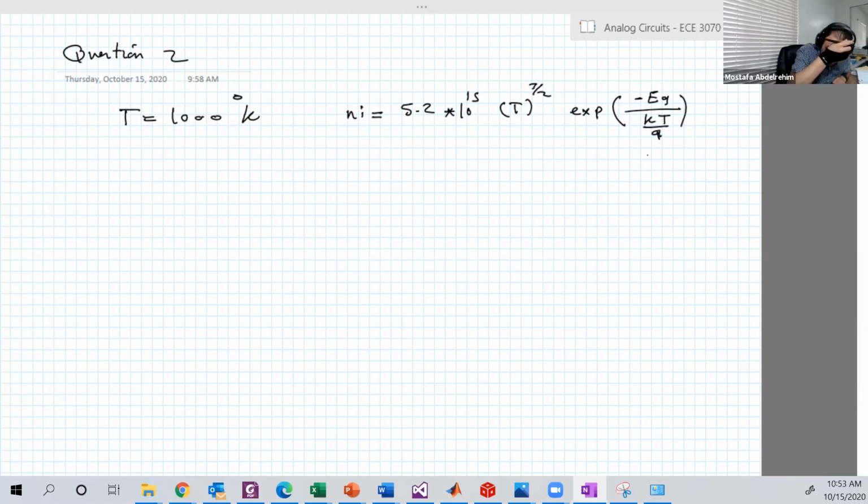So this guy here is 1.12. K is given, the Boltzmann constant. This is 1000. And Q is 1.66 10 to the power minus 19. Okay. Then you calculate that.